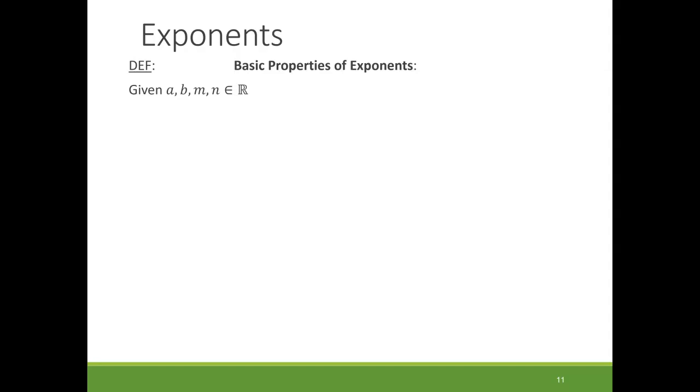Absolutely. All right. So some basic properties of exponents as promised. Let's review these again. We hit a lot of them there. So when I multiply 2 exponentials with the same base, the base stays the same and we add the exponents. When I divide 2 exponentials with the same base, the base stays the same. We subtract the exponents.